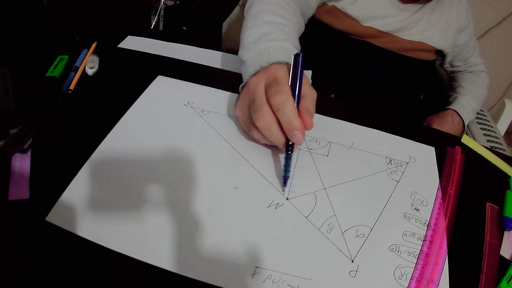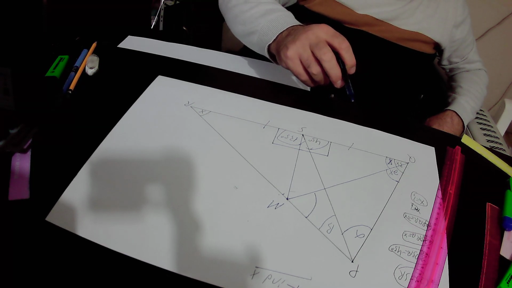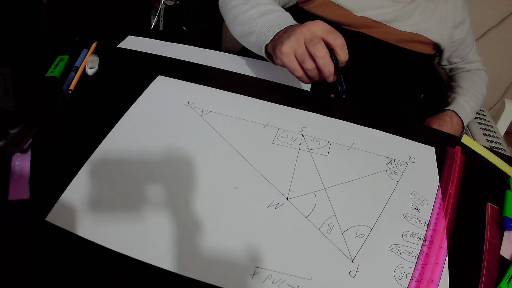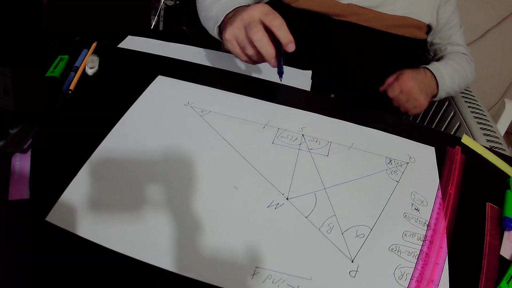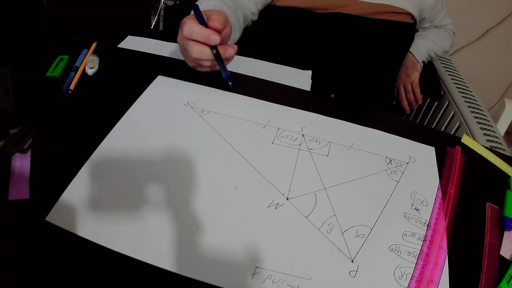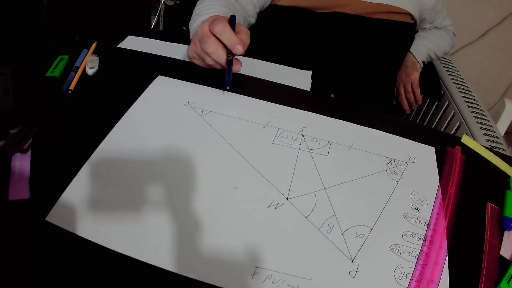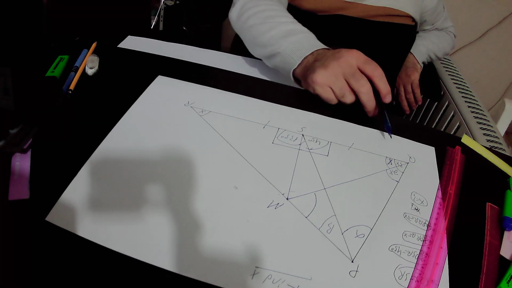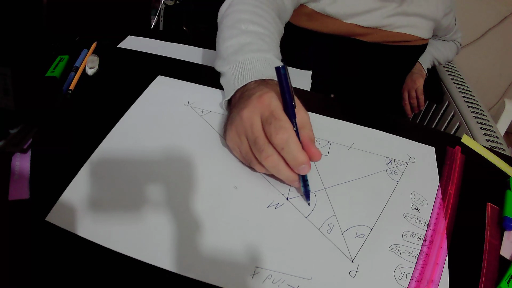The only two angles not adjacent to angle PMQ in triangle QMR are X and X. So it equals angle X plus angle X, that is to say 2X.